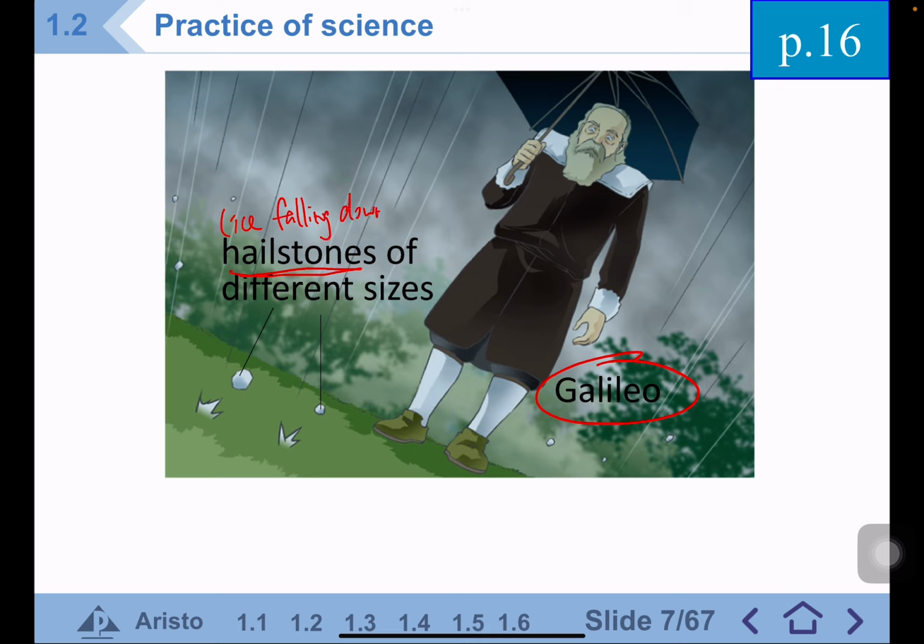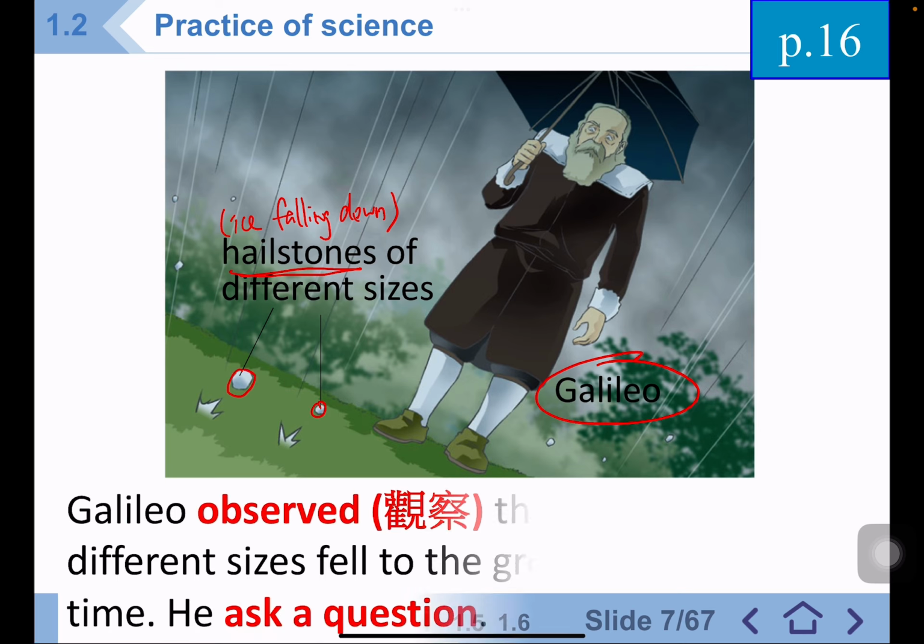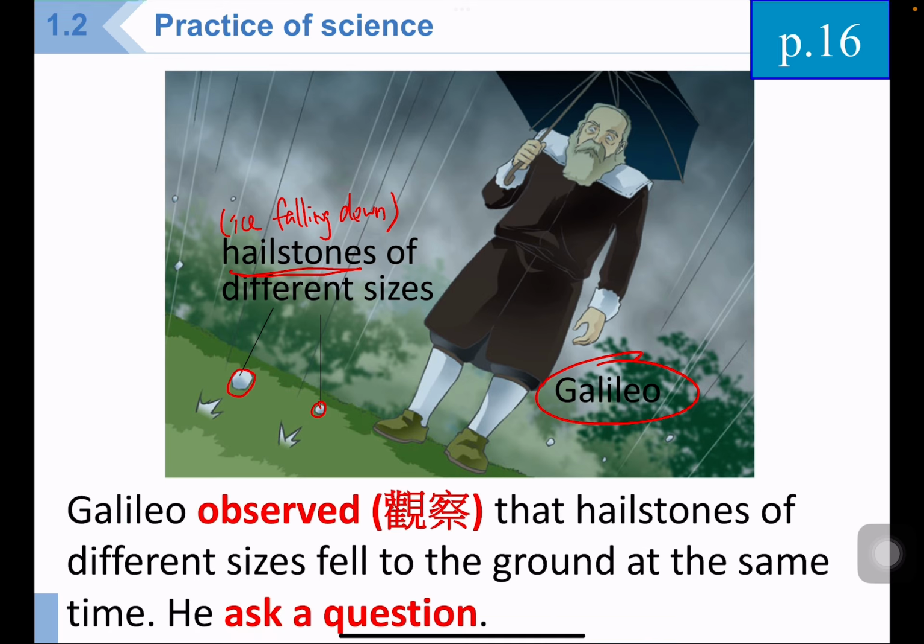We call it hailstone. They have different sizes, one larger, one smaller, but Galileo observed that the hailstones of different sizes fall down at the same time.